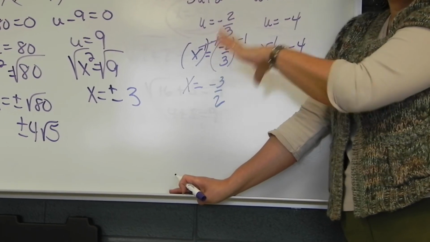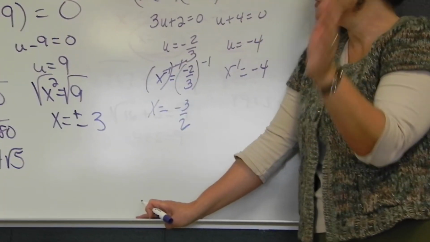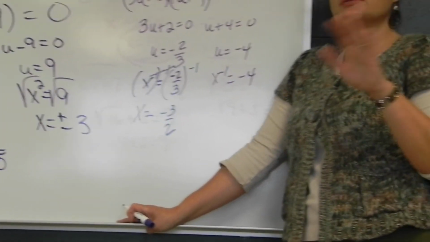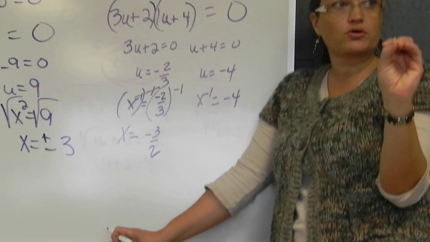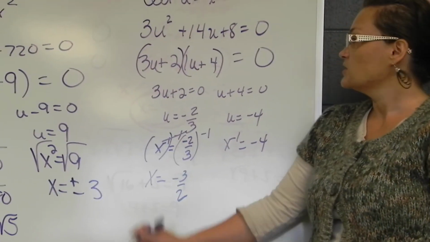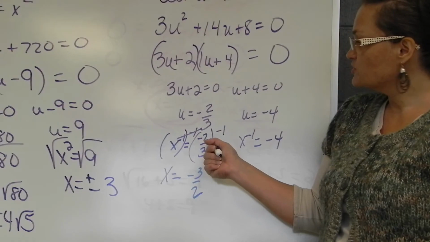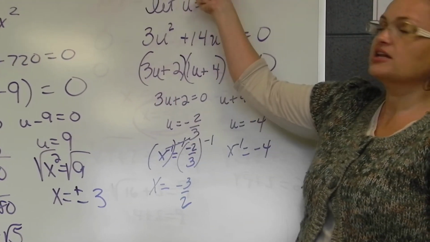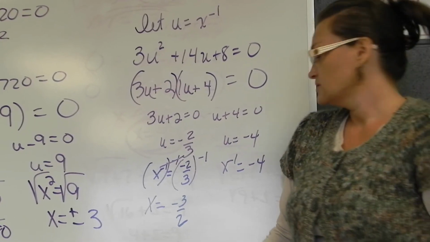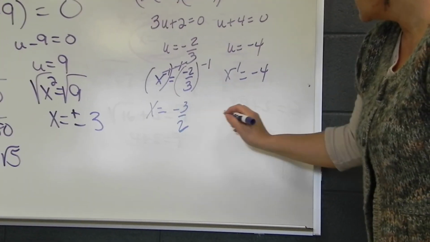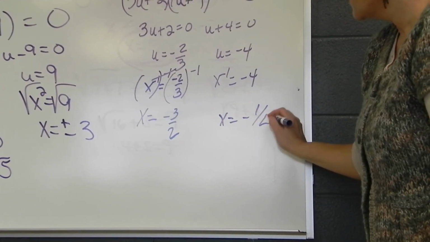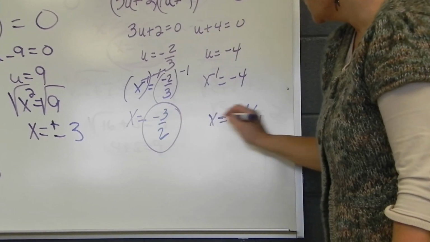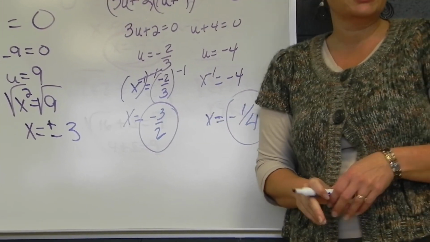Because on multiple choice tests, there'll be every combination of 2s, 3s, 4s, positives and negatives. You gotta be real sure about this deal. So when we factored it, we got negative answers. We set it equal to 0, we got negative answers, and then the negative exponent flips that. Still negative. Negative 3/2 and negative 1/4 for your 2 answers. Okay, any questions on that?